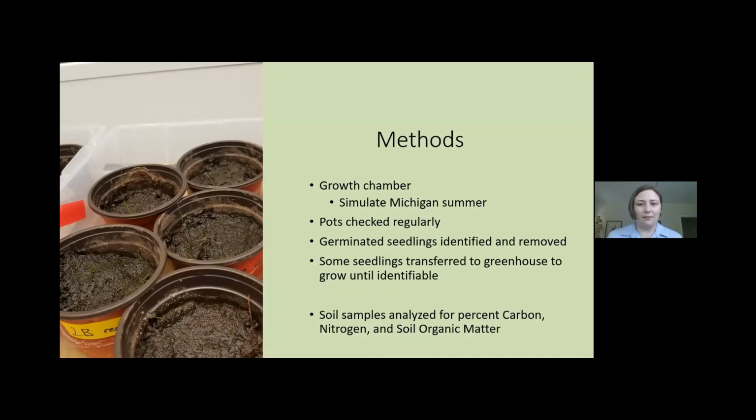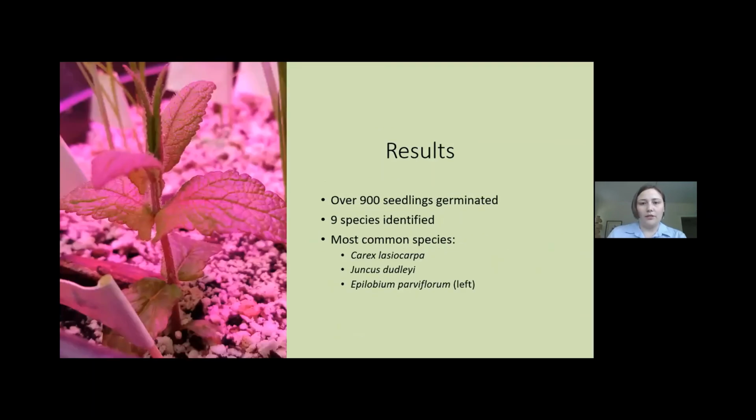I checked the pots for seedlings and identified all of them. Some I had to grow in a greenhouse until I could identify them, and I did some chemical analyses of the soil. I identified over 900 seedlings, but only 9 species, with 3 genera that couldn't be identified to species.